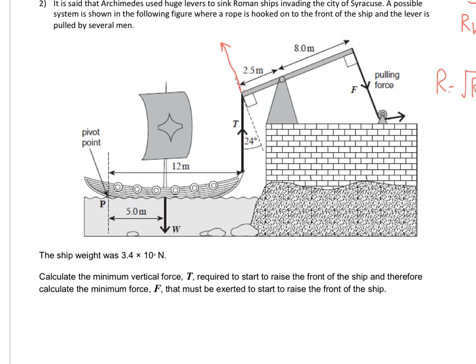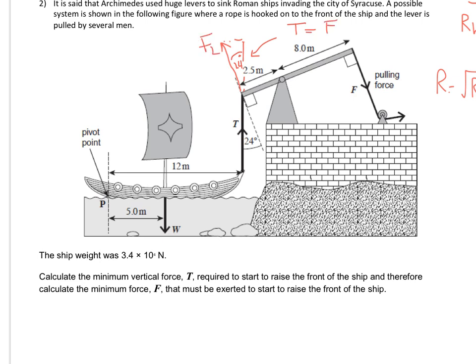And what we're going to do is construct a right angle triangle, 24 degrees. So the vertical component of the force from the pulling force via the moment is going to be, essentially T. Let's call this force F2 so we don't get confused.